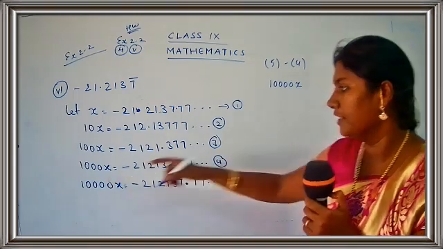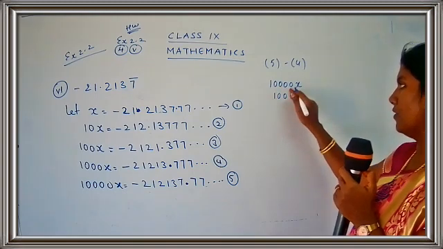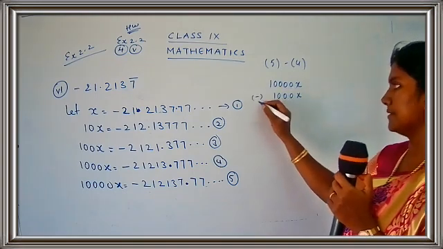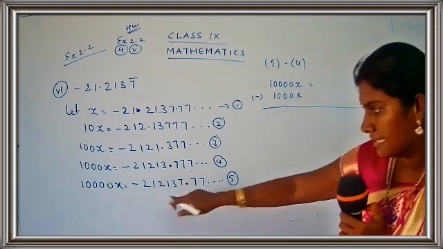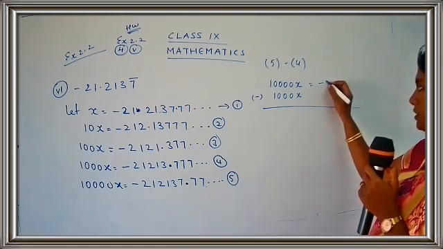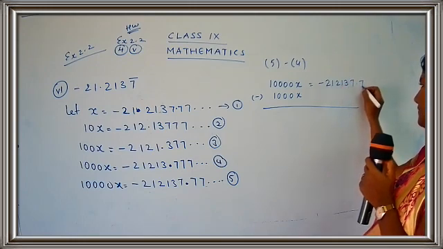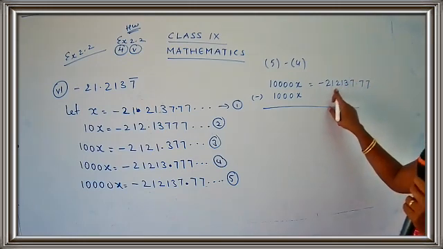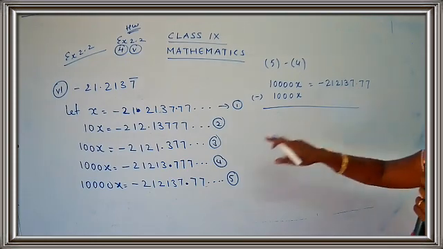And here, 1000x. So write down properly. So 10,000x minus 1000x is equal to, what is the value for 10,000x? This is minus 2,12,137.77.